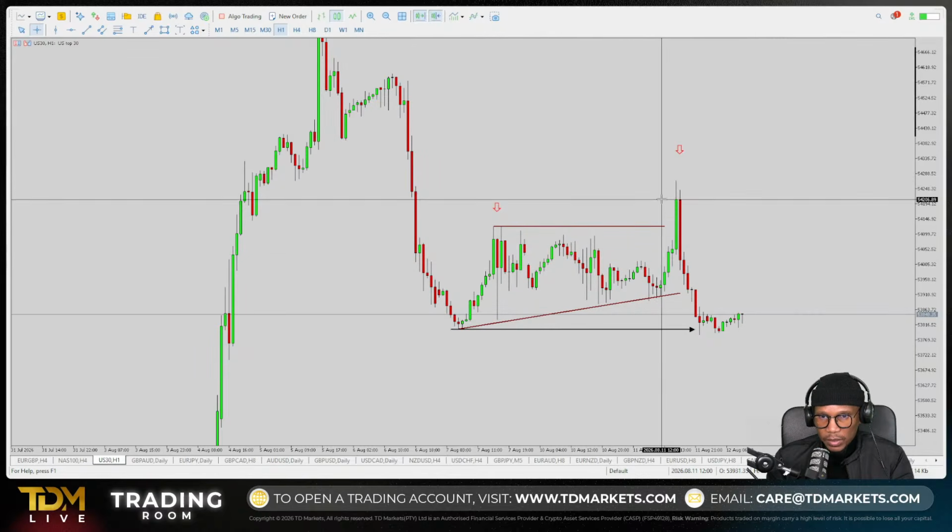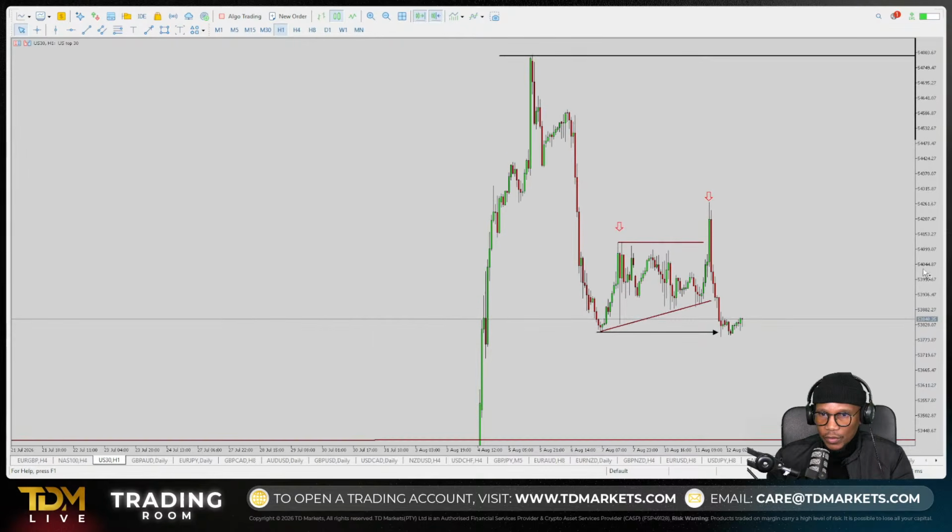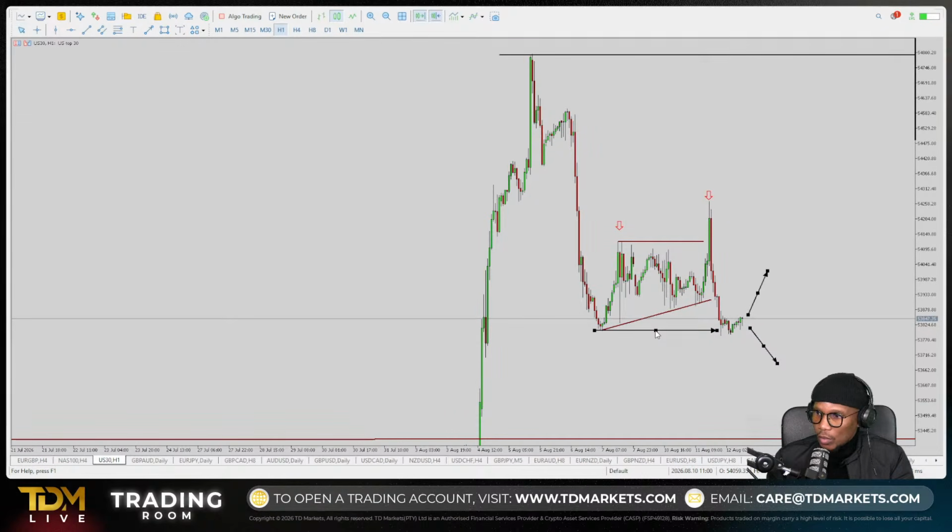The pattern is complete. The cycle is complete. You see where the market is right now. Usually when price gets down to this low, you have to be careful because price can either reject and go up, or it can break and go down. These are the two possibilities whenever price is trading on a low which completes the cycle.